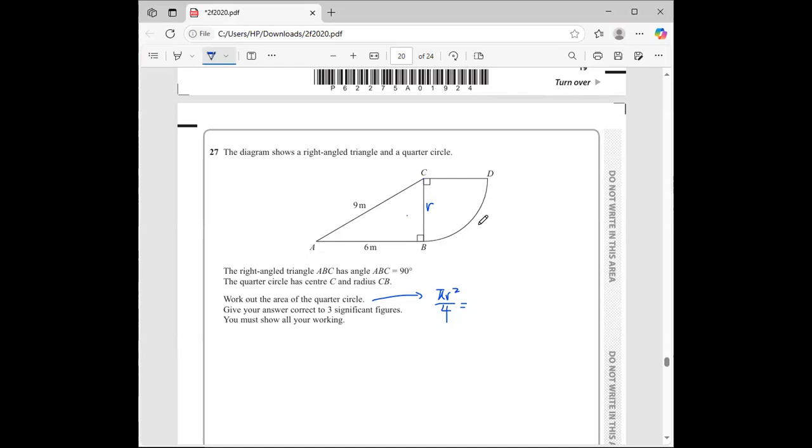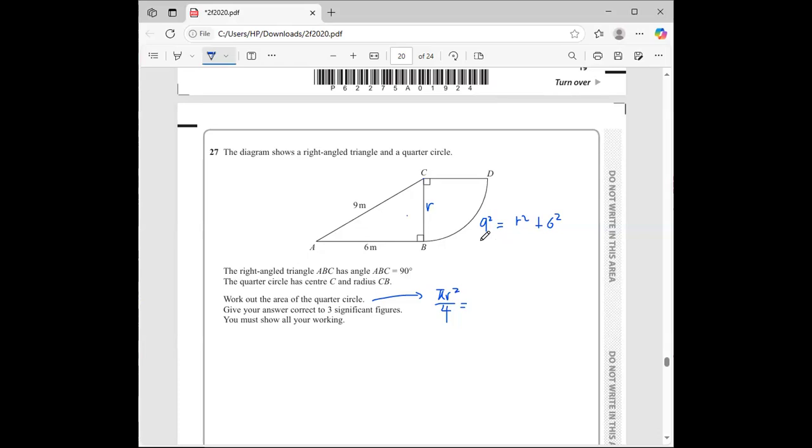Now for Pythagoras theorem, we know that 9 raised to power 2 is equal to r raised to power 2 plus 6 raised to power 2, isn't it? That's 6 squared. Do you agree with it?